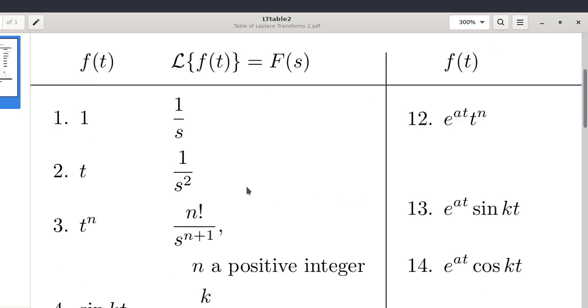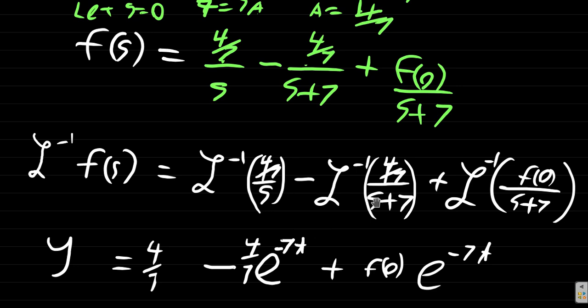So we look at the table, see the inverse Laplace transform of 1 over s is 1. So the inverse Laplace transform of 4 times 1 over s will be 4 times 1, which is 4. Oh, 4 over 7 over s, right, is 4 over 7.